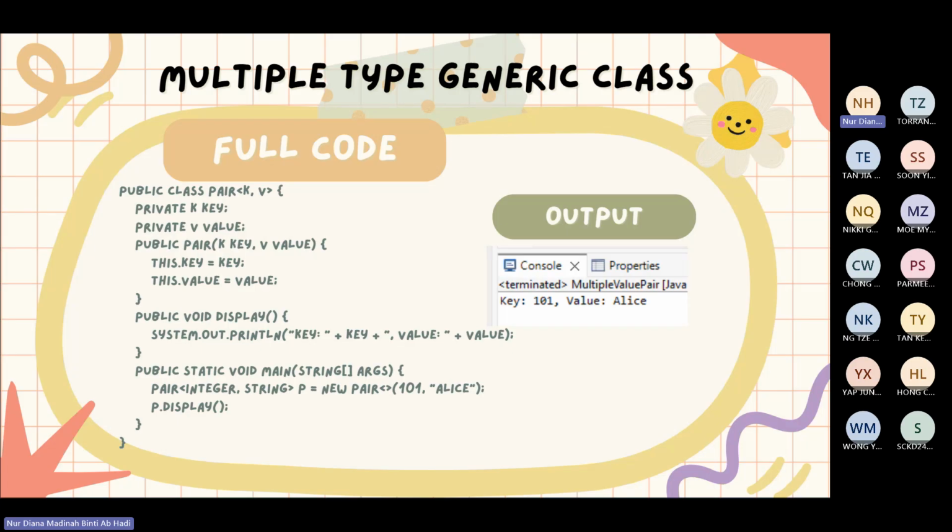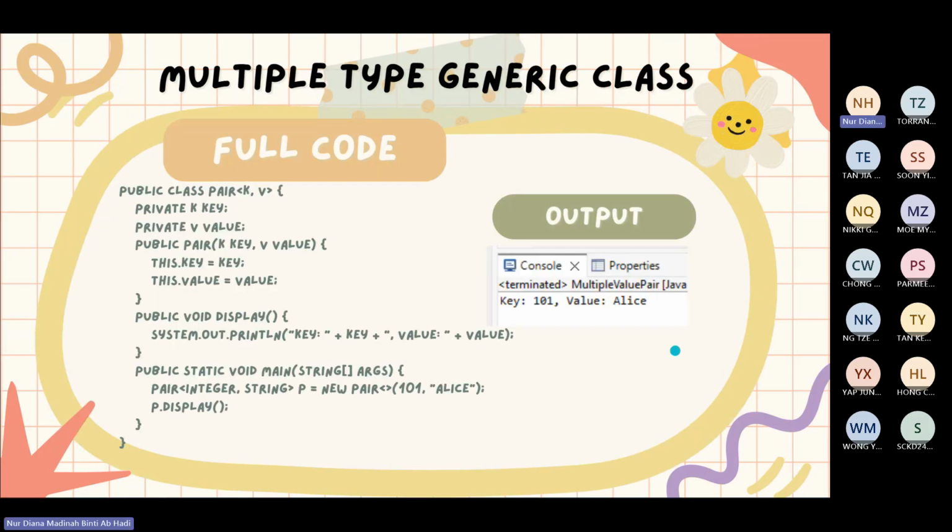If you can see, private K key, private V value. So you put the K, you put the V as a representation, and you call them inside your display when you want to display in the console. So where do we use the display method? Inside your public static void main. That's why when you want to set the values, you set it this way, and then you display. Clear?